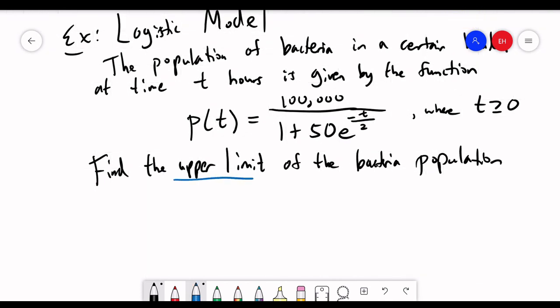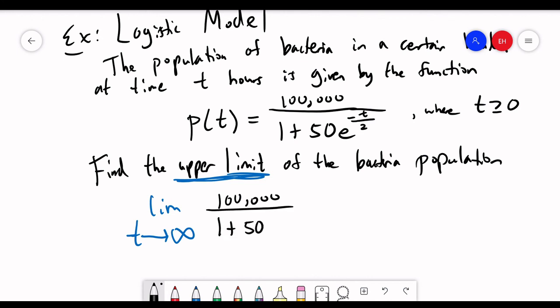How many bacteria? Well, if we think about it, the upper limit is going to be the limit as time goes to infinity. And we see this limit pop up again. I just want you guys to get comfortable with the concept because it's going to be huge in calculus. So what's going to happen to this function as time goes to infinity?